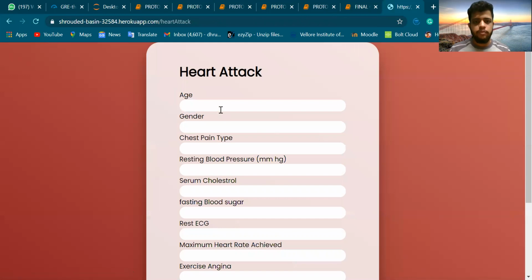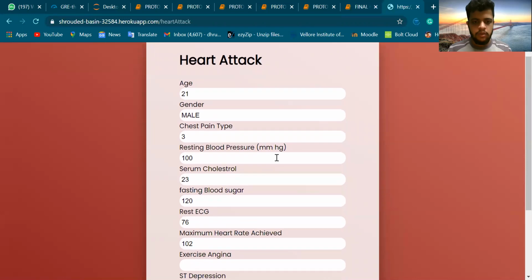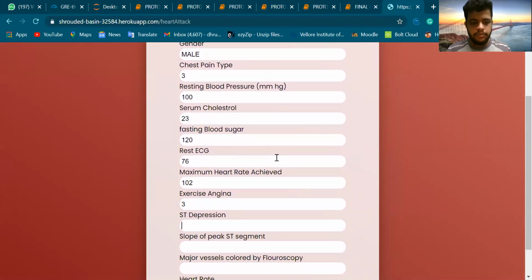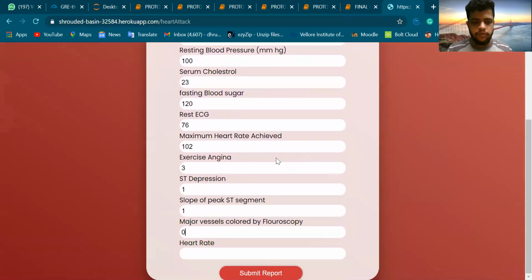So this is the form where the person can fill in his age, gender, chest pain type, the resting pressure, hernia type, slope of depression, slope of major vessel, roughly 0, heart rate 83.